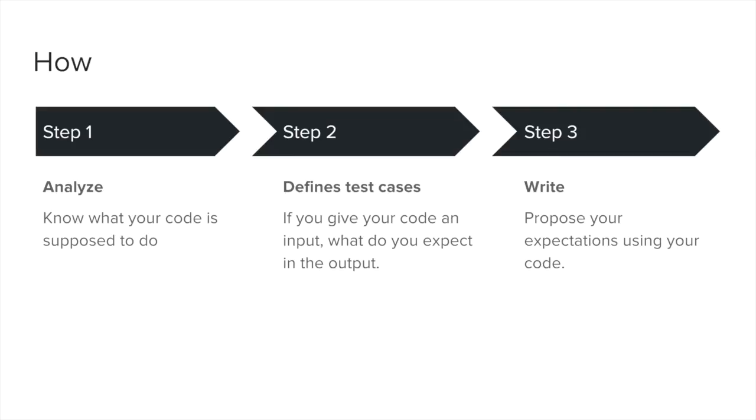The second step is to define every possible pair of test cases, so you need to think of the input and the expected output. For example, if the input of a summation is 1 and 2, the output should be 3, so you need to think of every possible test case for this. And step 3 is to implement it, write it down, and run the test.